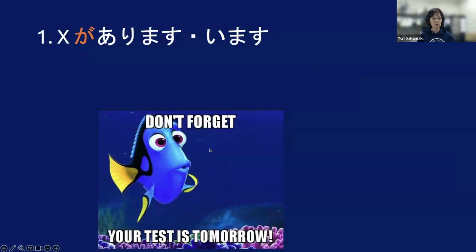So grammar number one, so all these slides before this were actually part of the vocabulary, but what we discussed here has a lot to do with what we're going to learn as grammar points. So I hope you understand pretty well about locational words and how to use them. All right, so number one point in grammar is something exists.